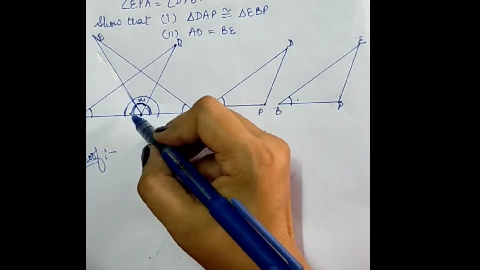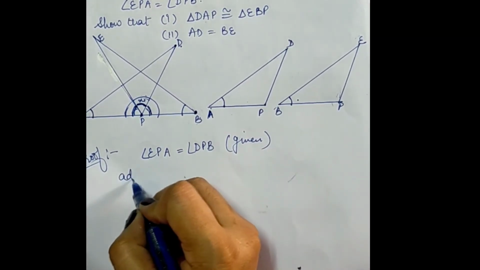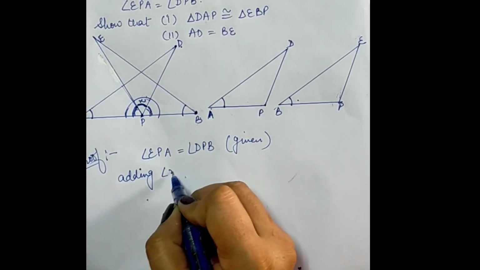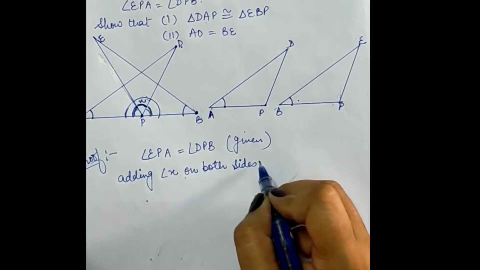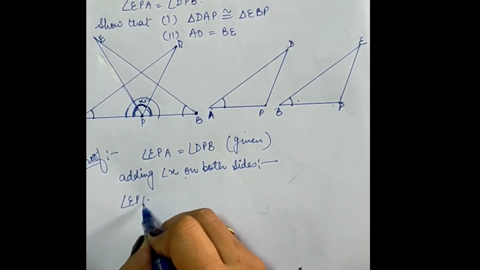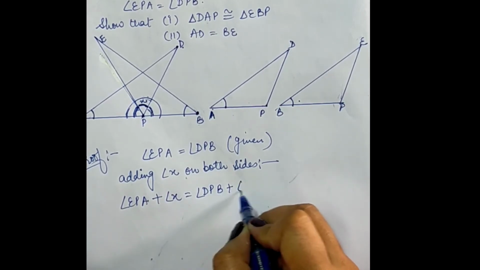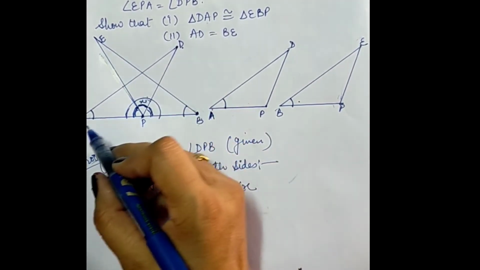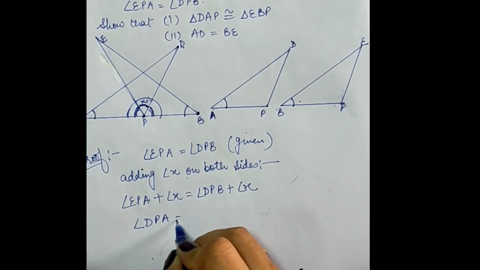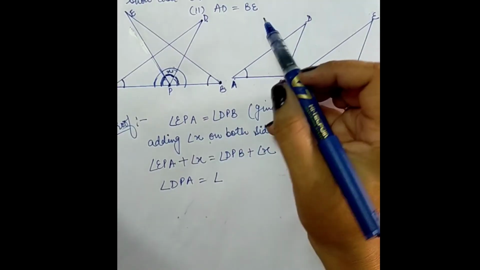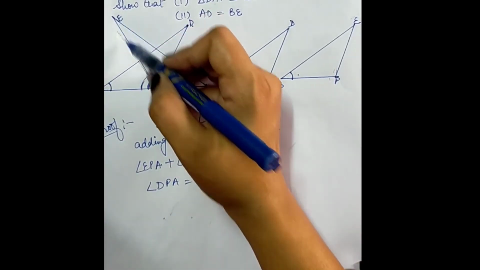So if we add X on both sides, adding angle X on both the sides, what we will be getting is EPA plus angle X, and here also DPB plus angle X. So EPA plus X will give us DPA, and DPB plus X will give us EPB.